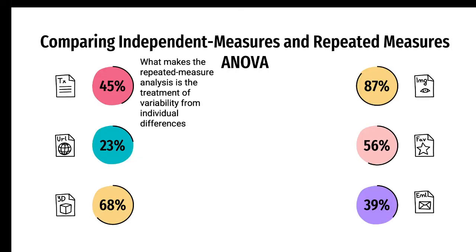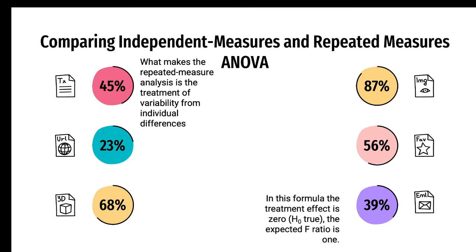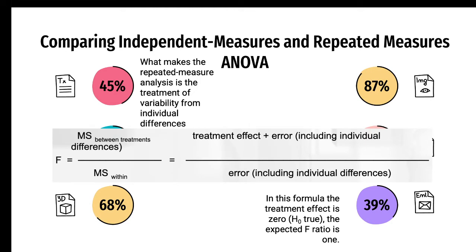What makes the repeated measures analysis different is the treatment of variability from individual differences. In this formula, we can say that the treatment effect is 0, which is a null hypothesis that is true. The expected F ratio is 1.